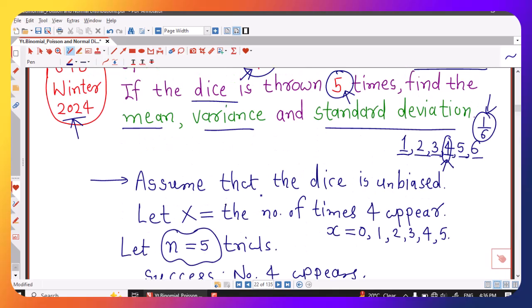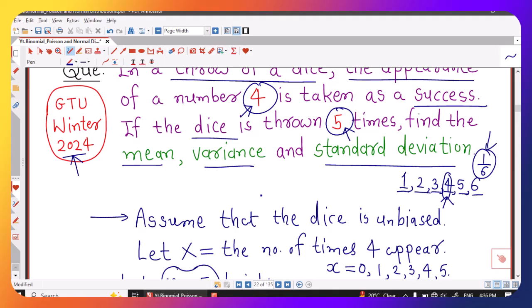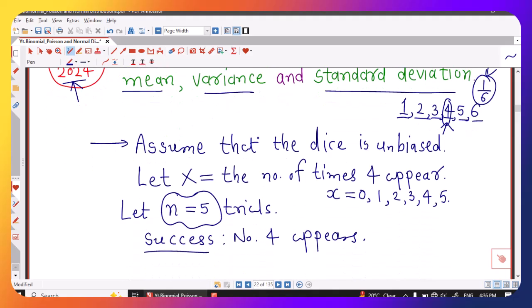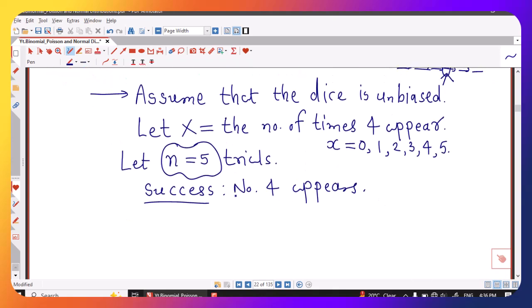They have not given any restriction on the experiment, therefore we can assume that all the throwings are independent, that means trials are independent. And we know that if the dice is unbiased, then the probability of each number to appear on a dice is 1 by 6.